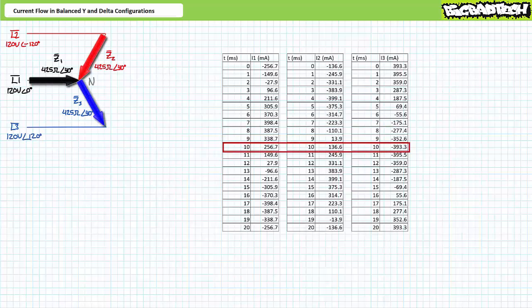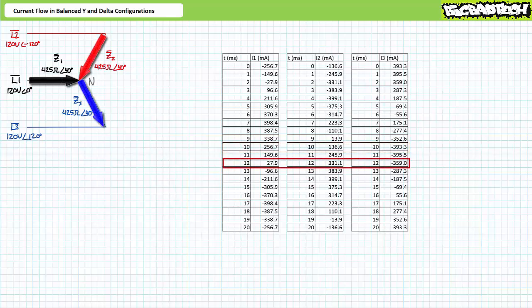At time t equals 10 milliseconds, 256.7 milliamperes is entering the Y via impedance element Z1. An additional 136.6 milliamperes is entering the Y via impedance element Z2. And 393.3 milliamperes is leaving the Y via impedance element Z3. 256.7 plus 136.6 does indeed equal 393.3 milliamperes.